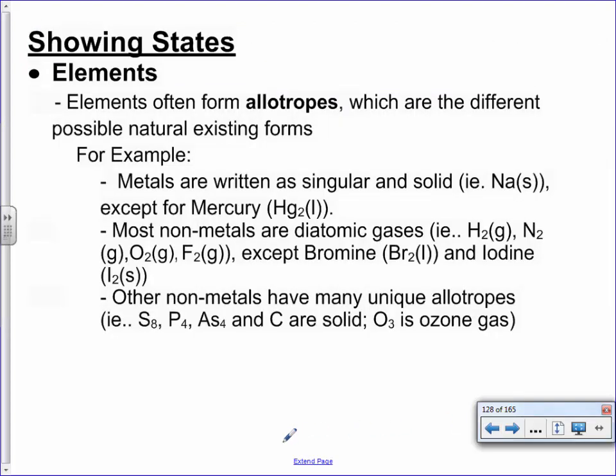You guys remember this slide from way back when? If you haven't written this down somewhere, write this info down. But sulfur actually comes in groups of 8. They actually call them flowers of sulfur. And I think the reason why is that just like flowers have maybe 8 petals on them, sulfur also comes in groups of 8. So when I actually purchase sulfur, I purchase flowers of sulfur.